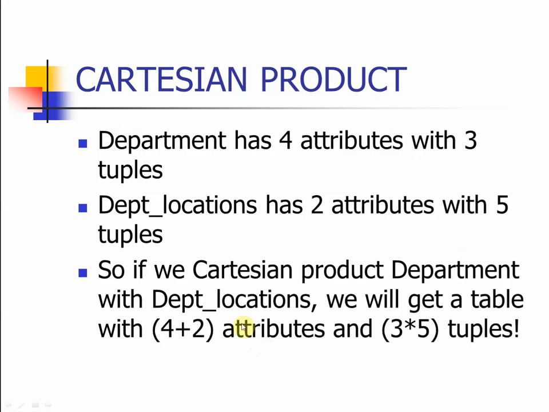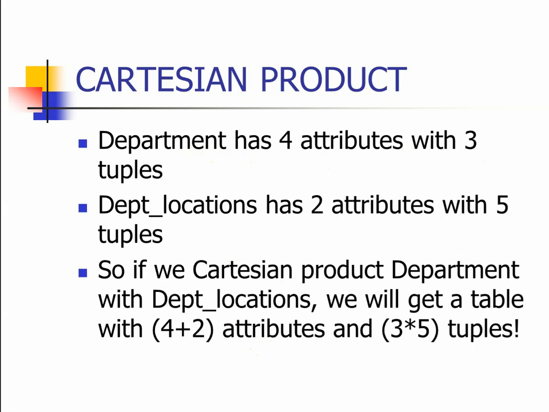So think about this. Say that department has 4 attributes with 3 tuples. So we have 3 departments. We have department number 1, department number 4, and department number 5. And department locations has 2 attributes with 5 tuples.